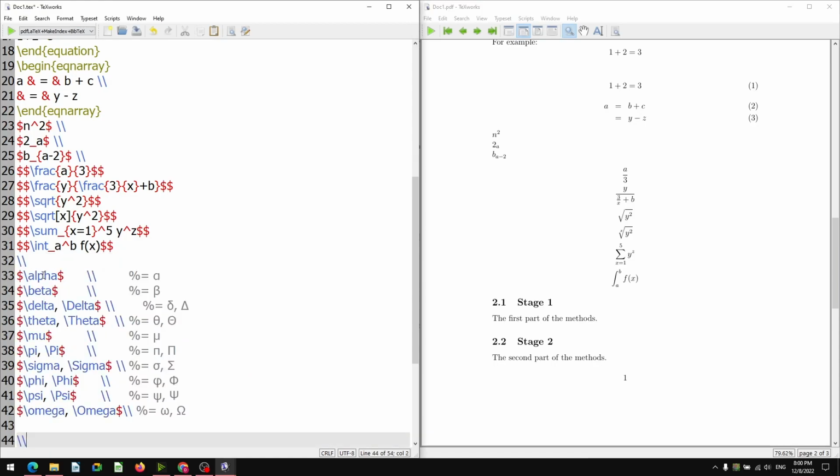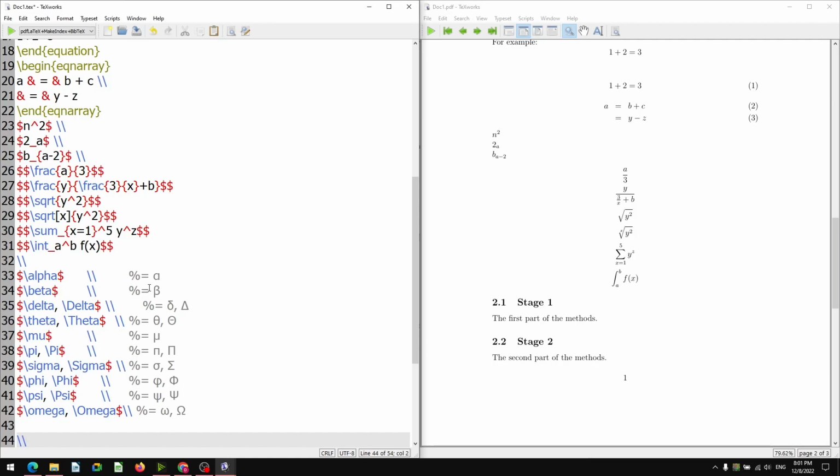Let us say dollar backslash alpha dollar. So it will write this alpha. It is written in front as a comment. This comment will not be executed, it is just to understand what will be displayed, what will be the output.